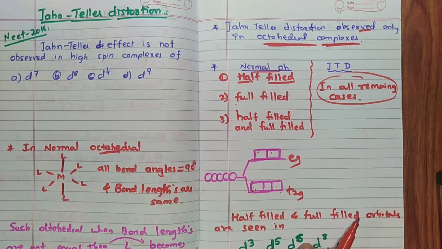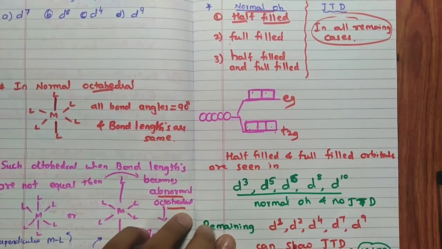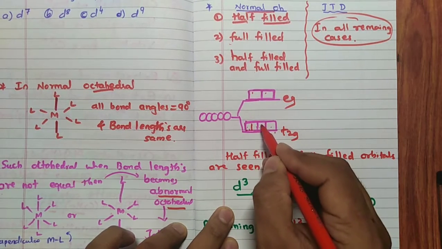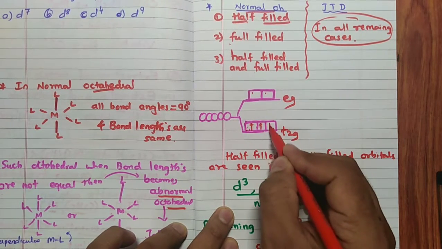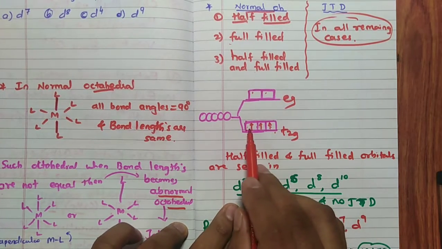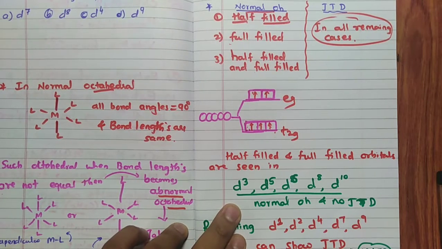How to remember? Now we'll take some examples. Which possibility has half-filled or full-filled orbitals? See, d3, because I fill 1, 2, 3, that is half-filled. d5, 1 to 5.